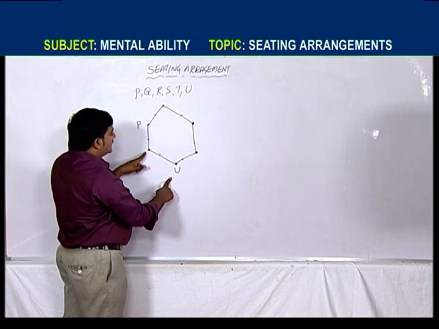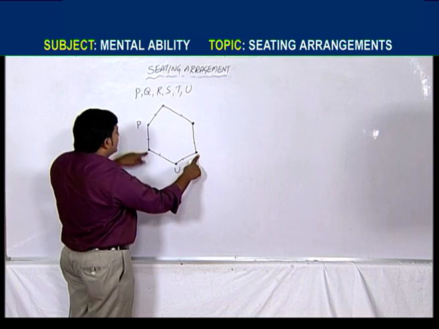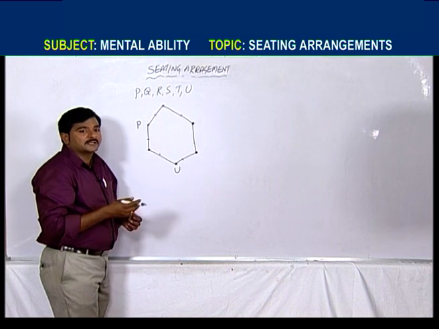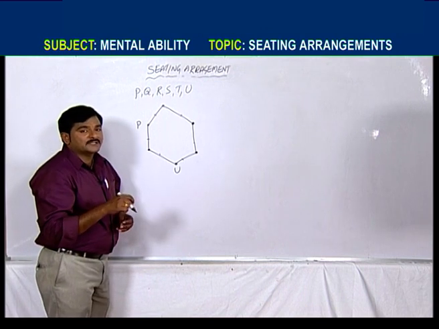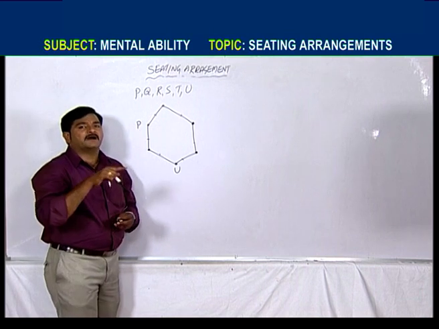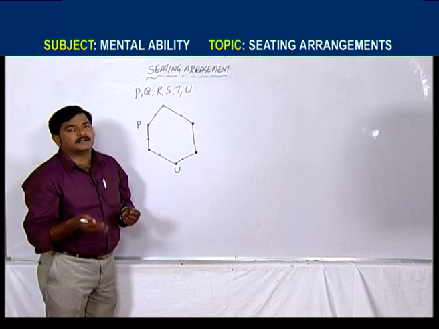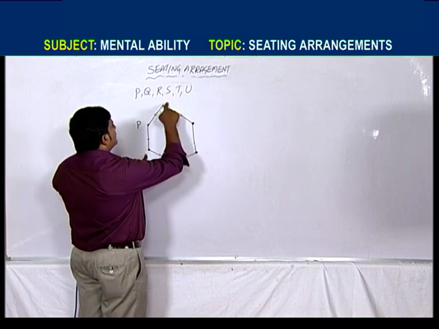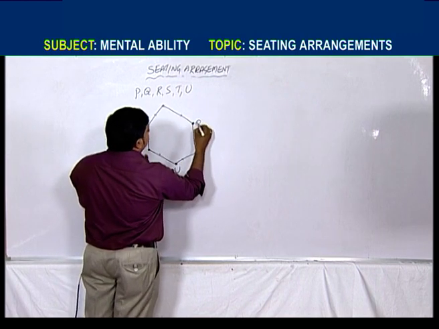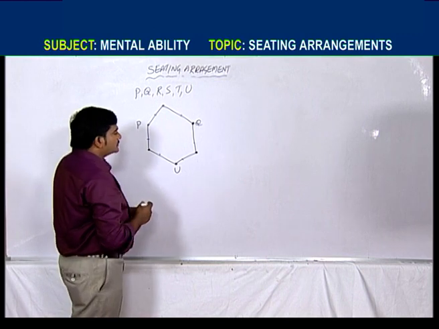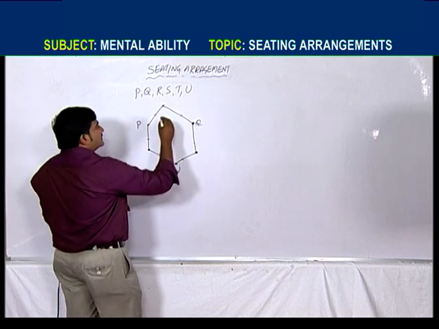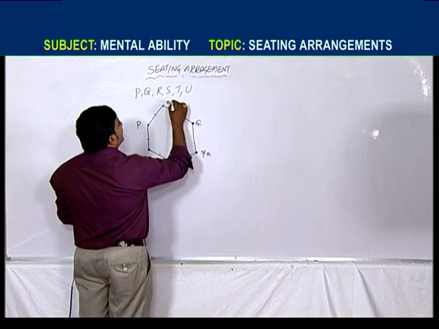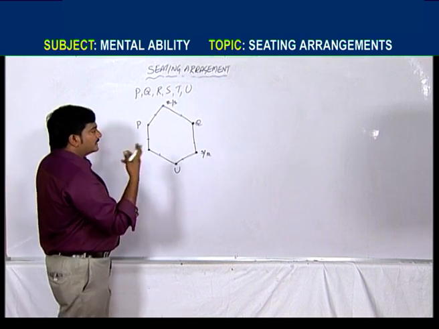So Q should not sit at these corners, because Q is the neighbor of R and S. Indirectly, Q lies in between R and S. So Q may be sitting at that position. Since Q is the neighbor of R and S, here you may get R and here S, or here R or here S. We don't know. We will discuss further conditions.